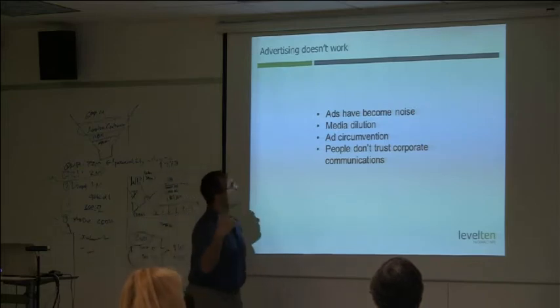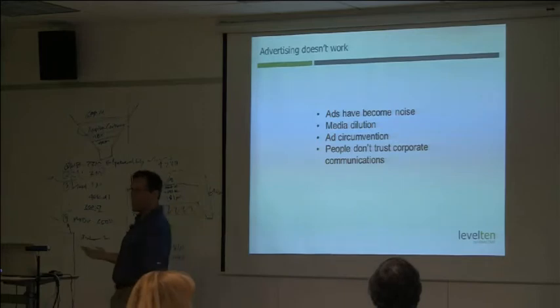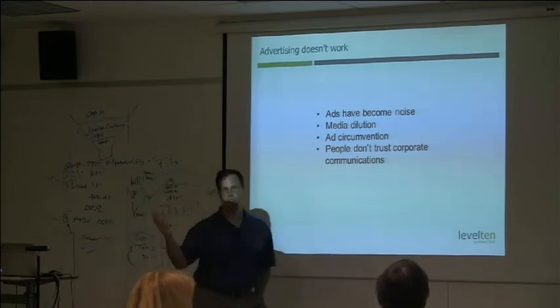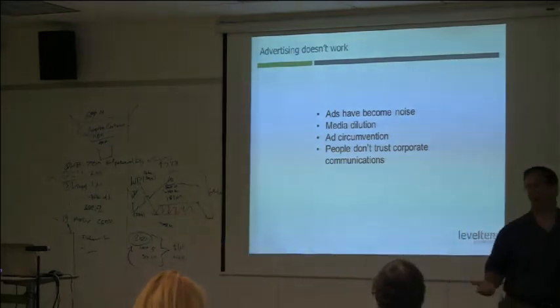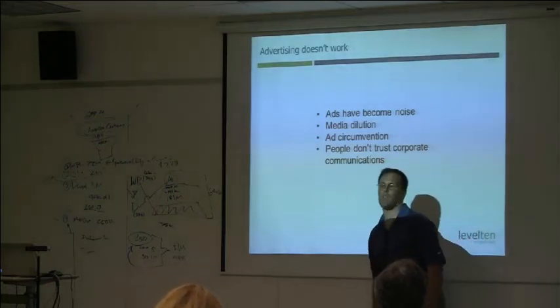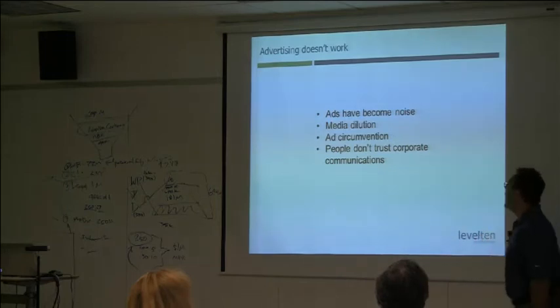So media's been deluged. We have ad circumvention. And so you've got satellite radio, you've got TiVo where you can skip commercials. You have pop-up blockers online. There's all these technologies that are out there that allow us to circumvent these ads. And really one of the biggest is people don't trust corporations anymore. I'll get into this a little bit more on the social media side.